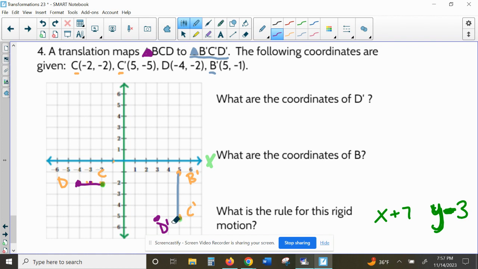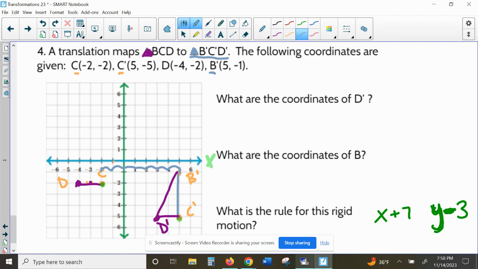Okay, now what else do I need to move? So I could see my triangle right here, can't I? I need to figure out where I've got the B and the D. I need to figure out where this B is. So I've got to move it backwards. So how do I do the opposite to it? That means I'm going to have to take this B and move it backwards. 7, 1, 2, 3, 4, 5, 6, 7.